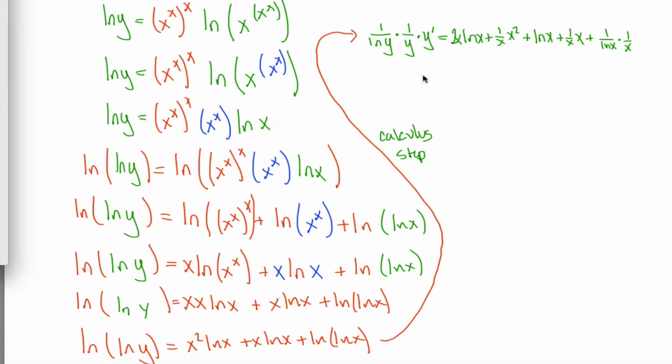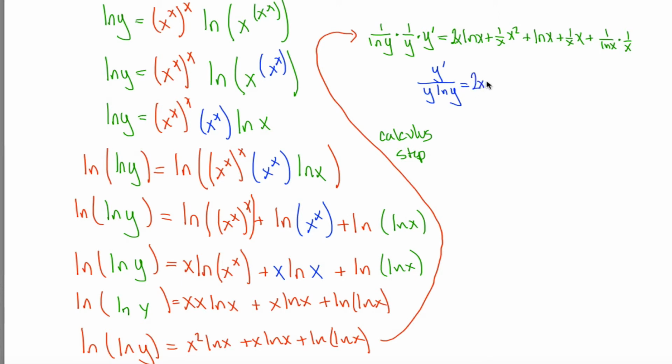Now I just got to clean this thing up. Let's see. I'll leave this left side for a minute. Maybe I'll clean it up a little bit. I got y prime over y times the natural log of y. And that's equal to 2x natural log of x plus x, because 1 over x times x squared is just x, plus the natural log of x plus 1 plus 1 over x natural log of x. 1 over x is just 1. 1 over natural log of x times 1 over x is this thing right here.